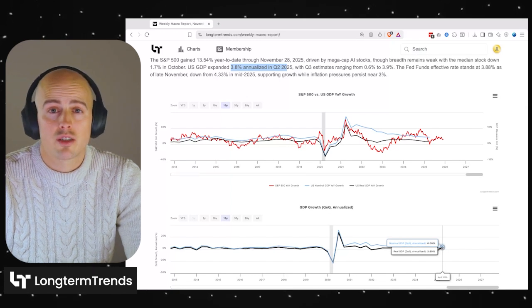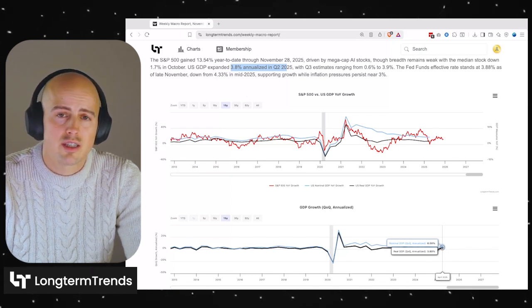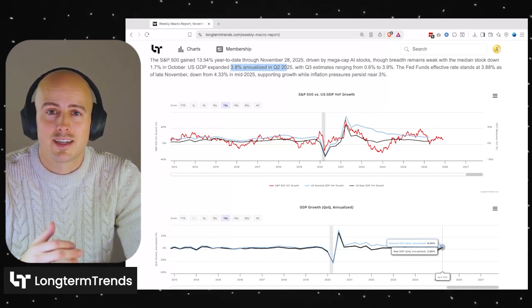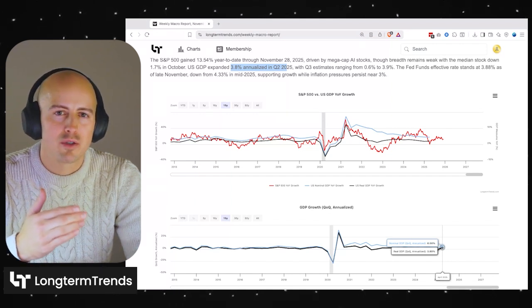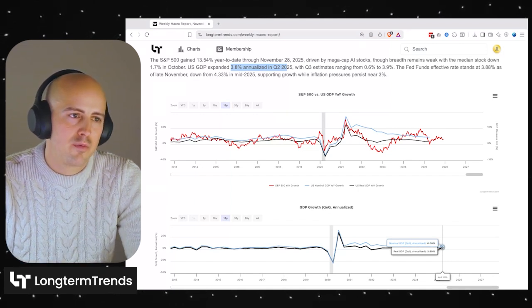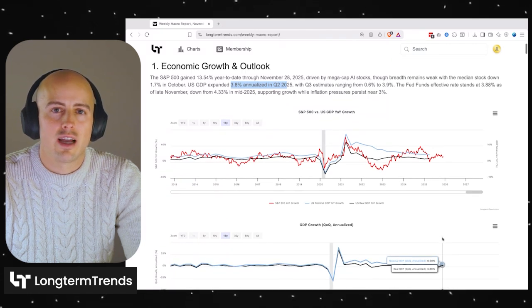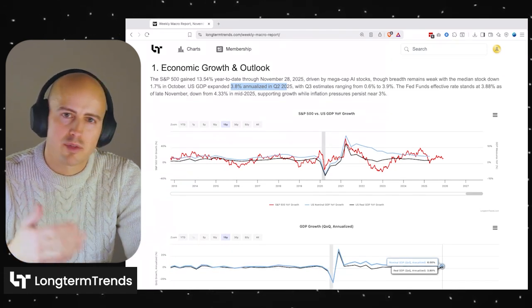Because of the government shutdown in the United States, we haven't seen a lot of GDP data recently. This is why we're still talking about Q2. Usually it's not that lagging. The data gets updated automatically.